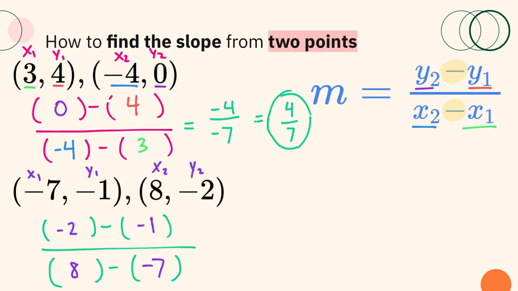So this negative negative is like multiplying a -1 times that -1. So those both become positive. And this negative, like multiplying by -7, so those will become positive. So then that gives me my answer. -2 plus 1 is -1. And 8 plus 7 is 15. So my slope is -1 over 15.